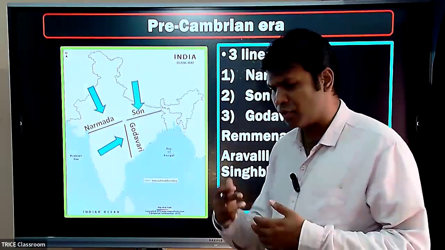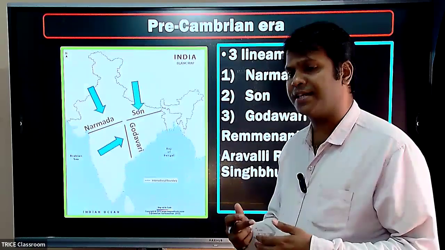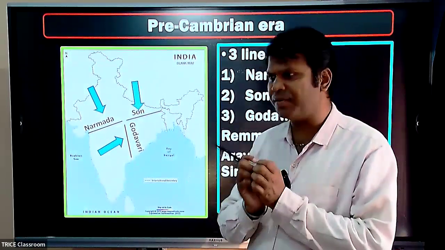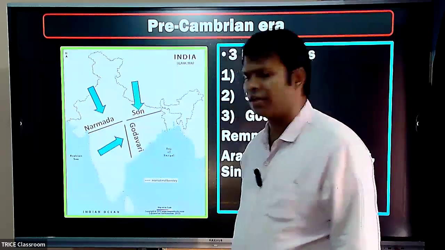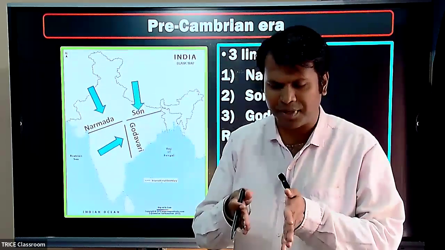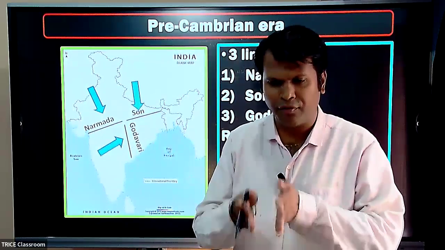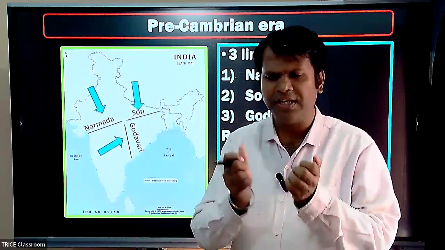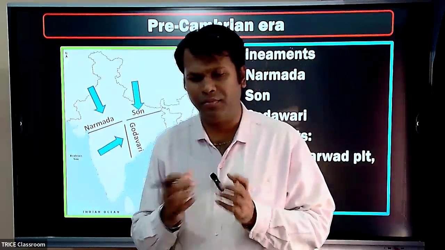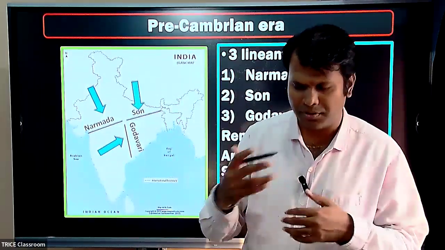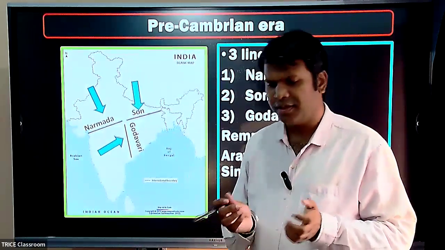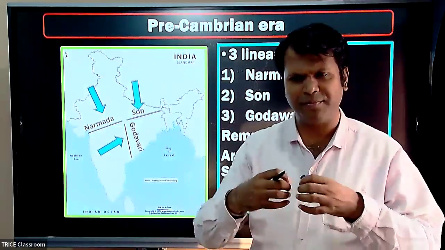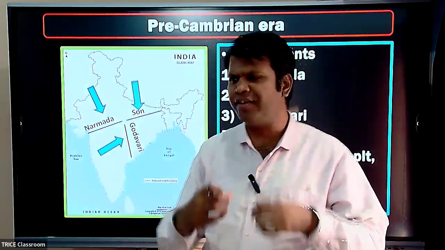After some time, what was active as a converging plate boundary became active as a diverging plate boundary. Then there was a faulting that took place. So these Vindhya ranges, which were fold mountains, got broken into two parts because the convergent plate boundary all of a sudden got transformed into a divergent plate boundary, and these plates started moving away from each other.